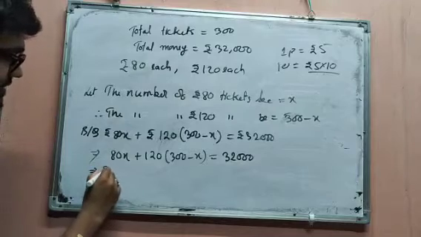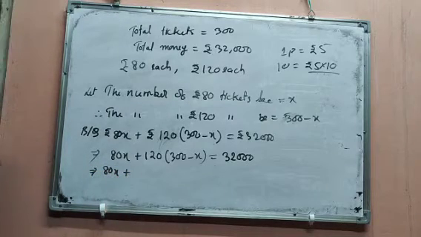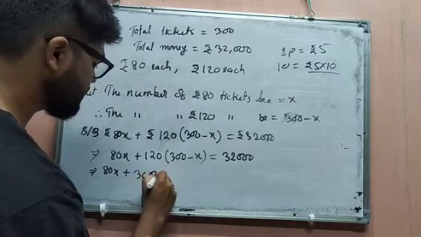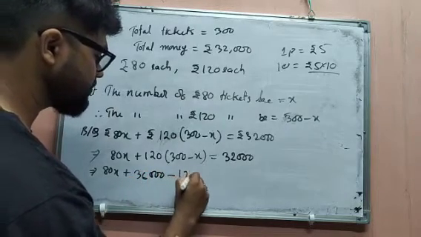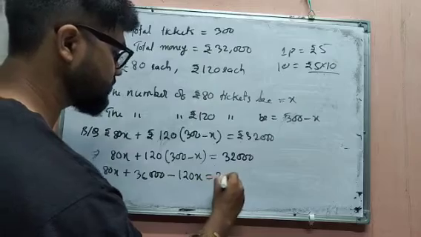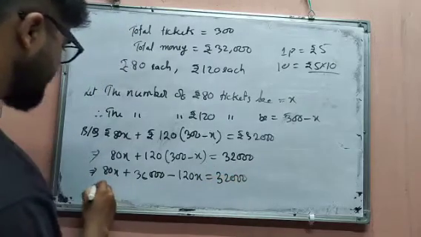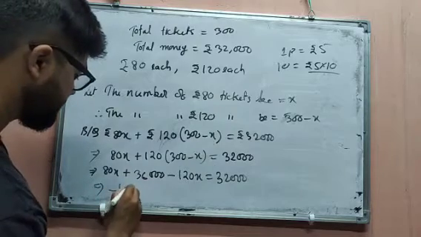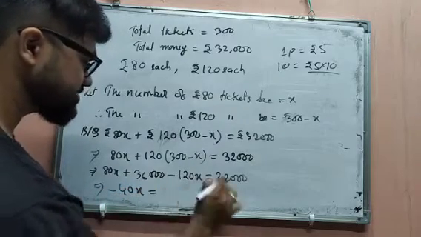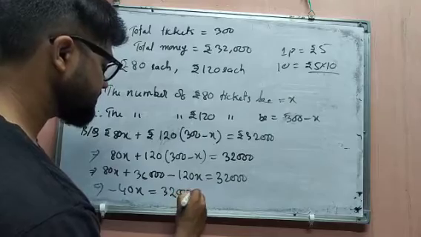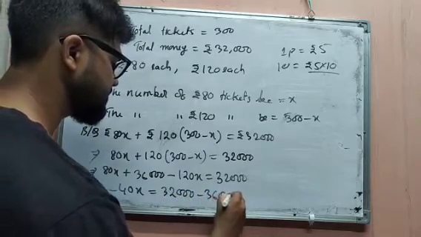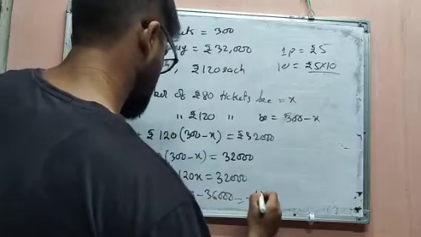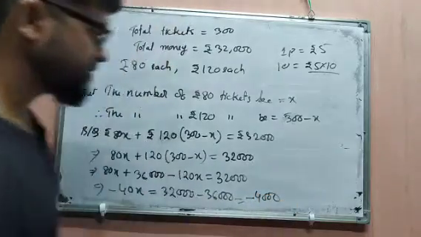Simply do the calculation: 80x plus 36,000 minus 120x equals 32,000. That means minus 120 plus 80, so minus 40x, and move this to that side: 32,000 minus 36,000 gives minus 4,000.